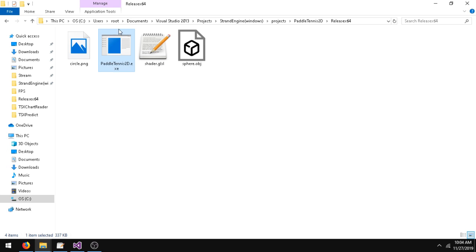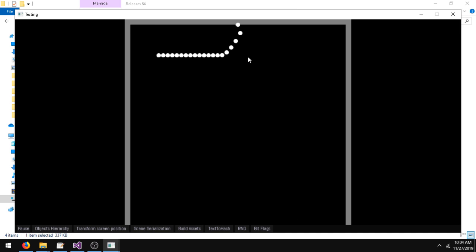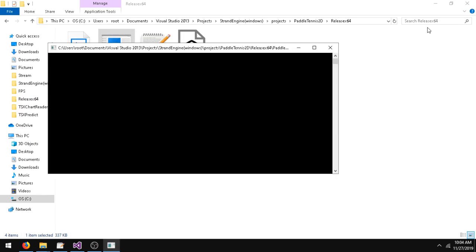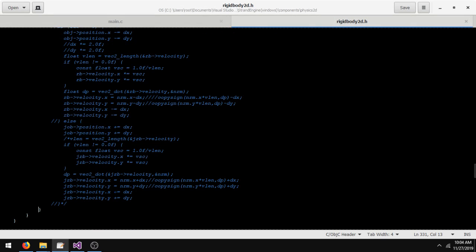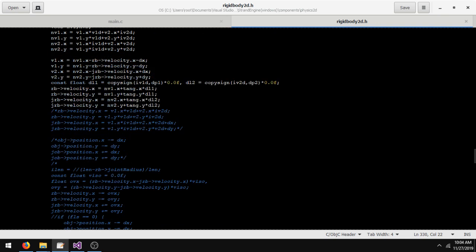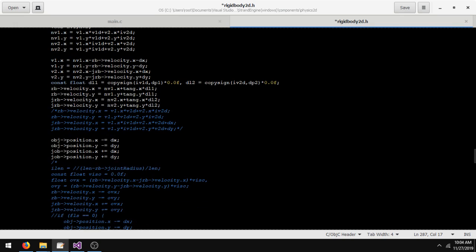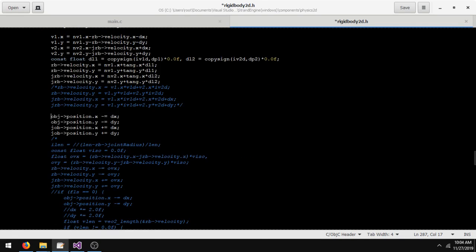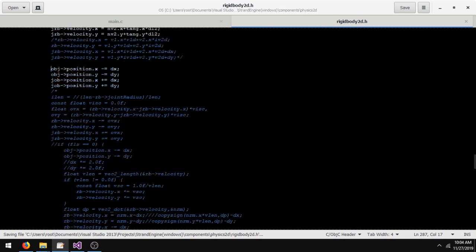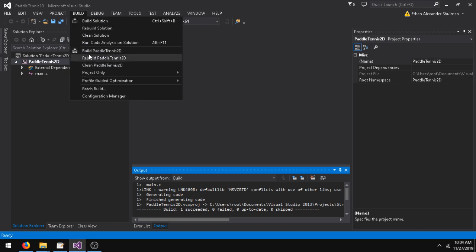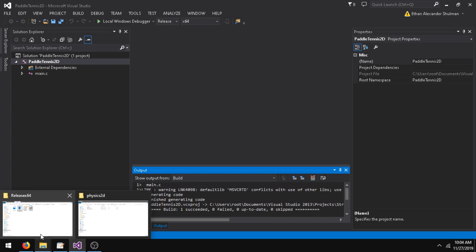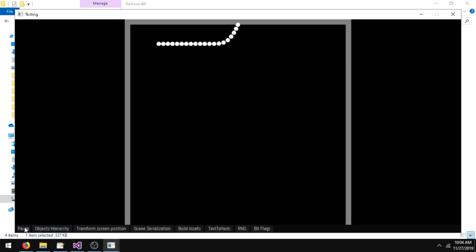Alright, so this method keeps them to... Okay, it's supposed to keep them together. Here we go. So it keeps them together, but it doesn't have swinging. And you know what?